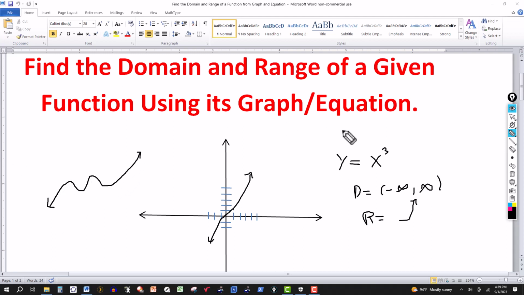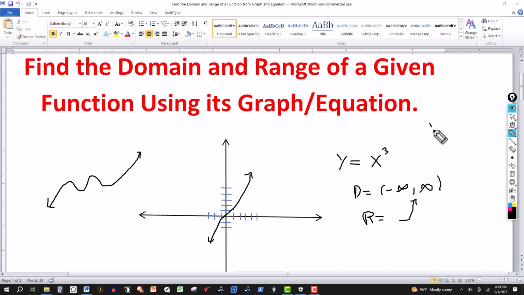So if this is a 3, a 5, a 7, a 9, you can have several terms in the middle here. The domain will always be negative infinity to infinity. The range will always be negative infinity to infinity. So any polynomial that you have, whether it's degree 7, degree 8, 2, the domain is always all real numbers. The range will be all real numbers also if it's odd degree.